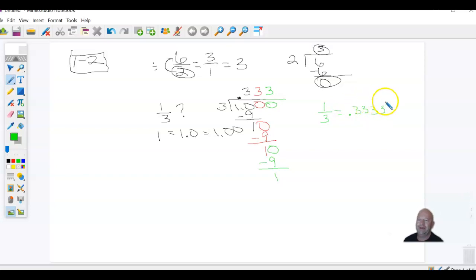When it repeats like this, to indicate that it's going to be repeating, we put a line over the part that repeats. Since it's the 3 that's repeating, we go to the last 3 that we listed, and we put a line over that. And so you could just say 1/3 equals 0.3 with that bar over it, showing that it's going to keep repeating.